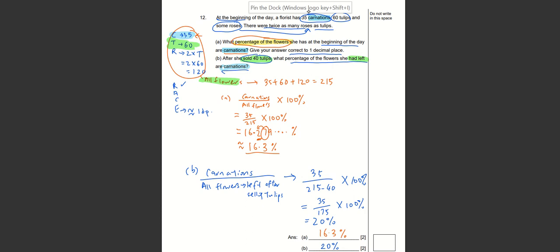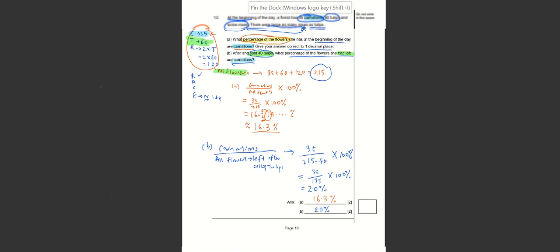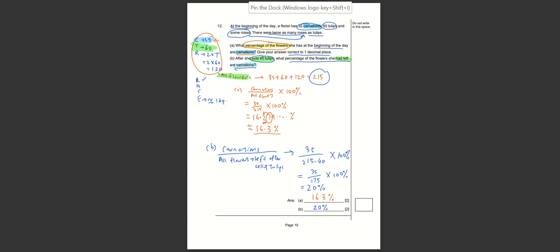Originally it was 215, but I must take away the 40 tulips that were sold. So the total was originally 215 minus the 40 tulips sold, it will become 175 as the total of all flowers, the denominator. Then convert to percentage after that. Okay? So this is question 12 for Paper 2 revision Set A.